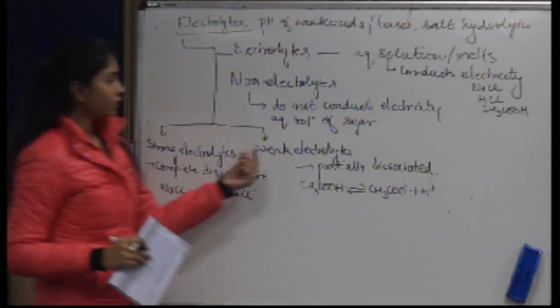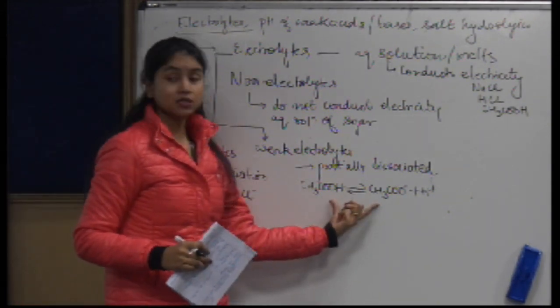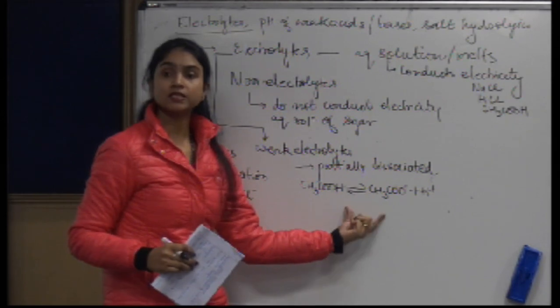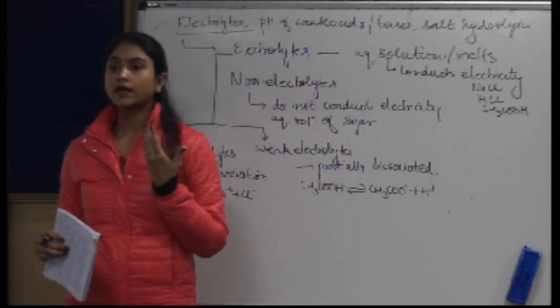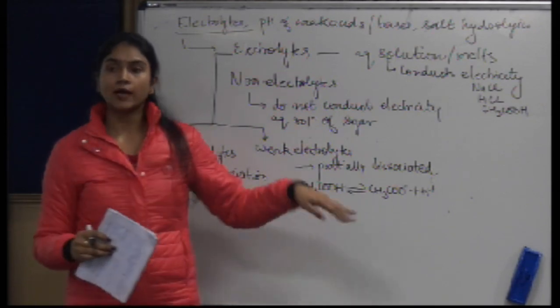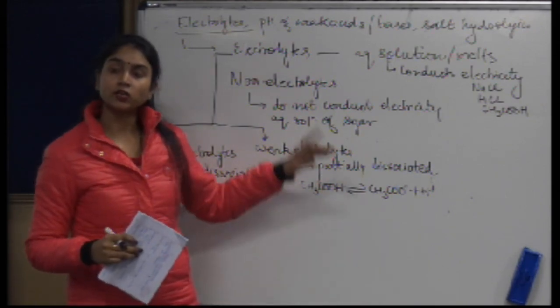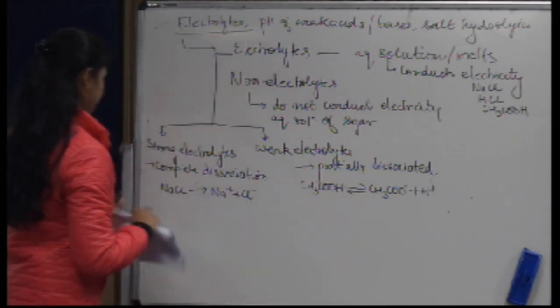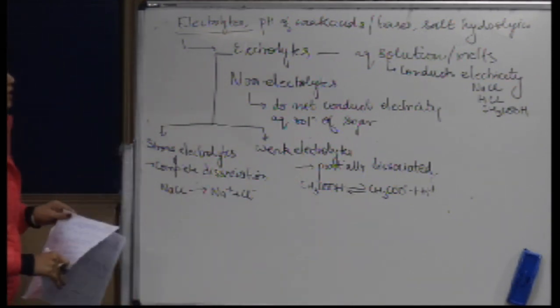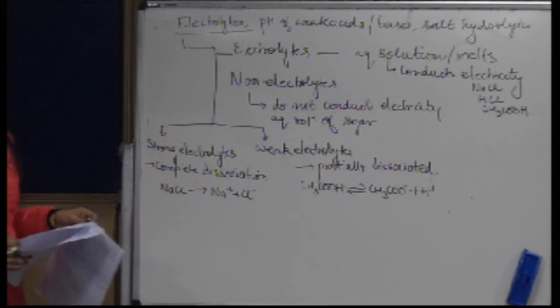In the case of a weak electrolyte, you use a double arrow, which means there is some kind of equilibrium. In weak acids you will always have an equilibrium, and if you want to calculate the equilibrium constant in this case, that equilibrium constant is nothing but your ionization constant. So this is how the classification of electrolytes proceeds.